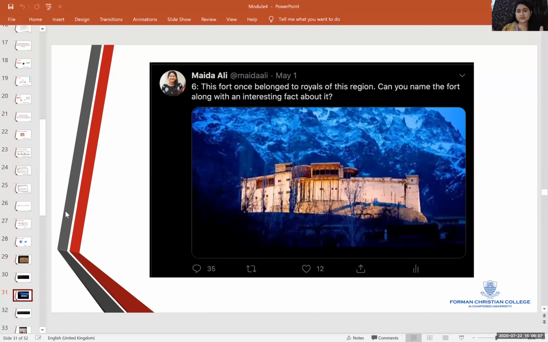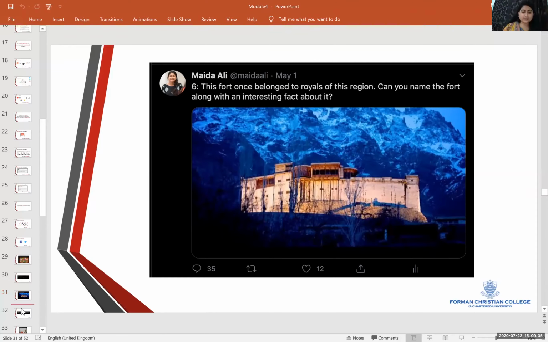Like the clue example coming on your screen, I had this picture of this beautiful, beautiful royal fort in the north, and I asked them, can you name the fort with an interesting fact about it? And believe me, they were so quick to jump onto Twitter because again, they are digital natives and it really helps them if you're planning their activity within their comfort zone.